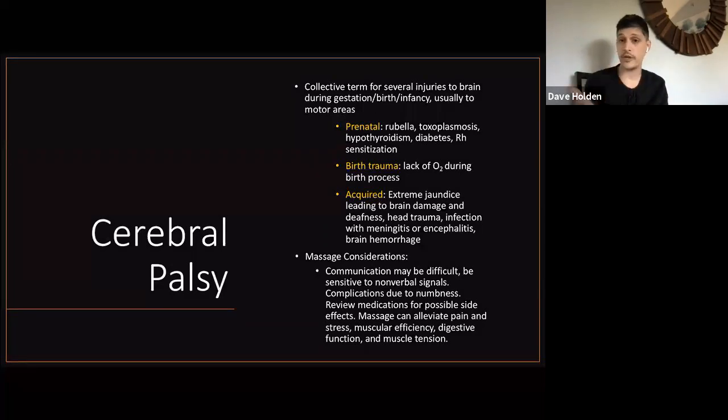So if jaundice, especially when you're young, gets extreme, that amount of bilirubin in the blood can damage your brain. It can cause deafness. It can lead to head trauma. You could also have other types of brain infections, so the brain itself could become infected with something like meningitis or encephalitis.